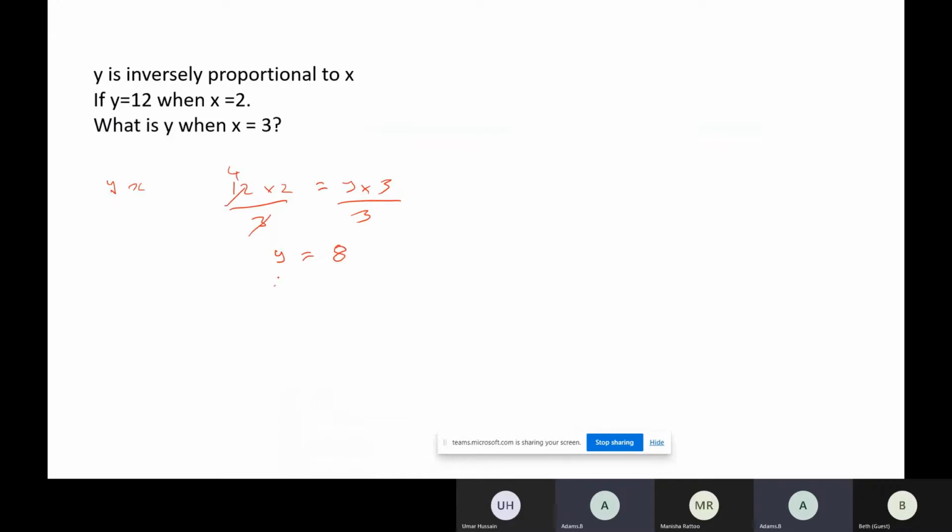So we get there very, very quickly, and if I was to do that by the traditional method, y is proportional to 1 over x, so we let y equals k over x, we sub in our points. 12 is equal to k over 2, times by 2, we get k is 24, so then we get y is 24 over x, we sub in x equals 3, so y is 24 over 3, y is 8.